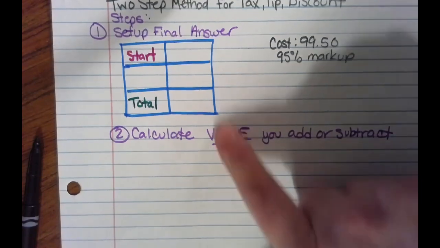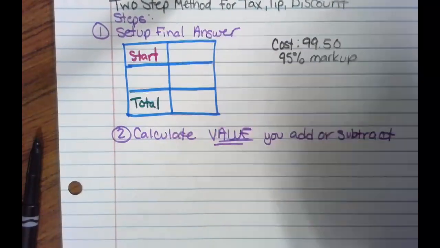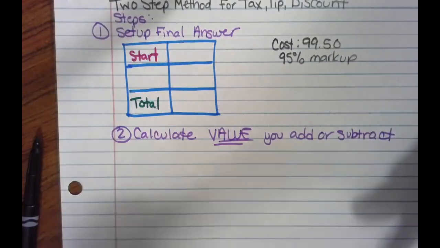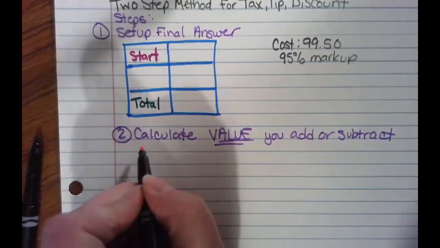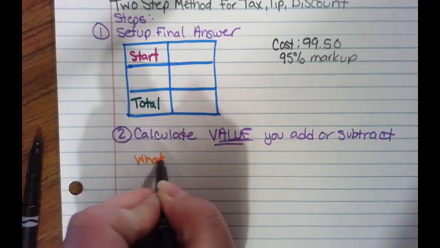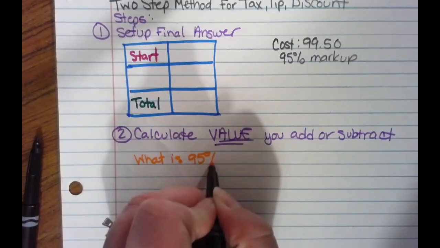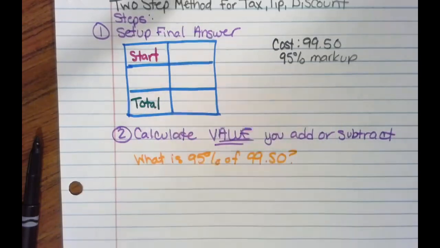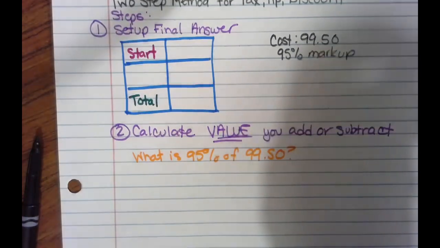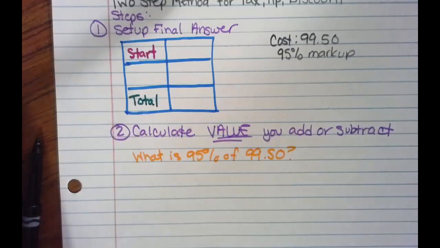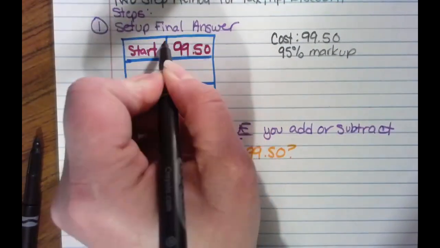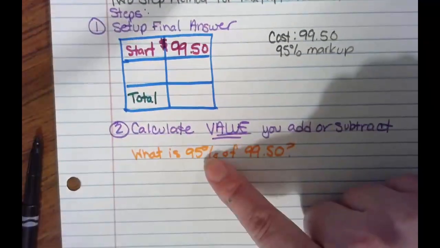Now we're actually going to figure out how much actual money or whatever we are actually adding in. Okay, so the question here then is, what is 95% of $99.50? That's what we're asking ourselves. Because remember, we start with $99.50, and we need to add in whatever 95% of that is.